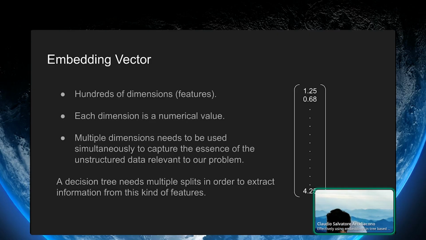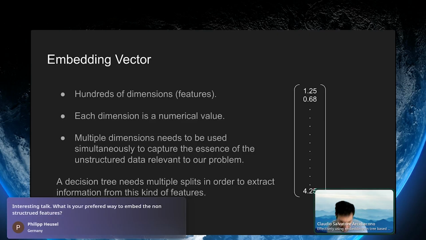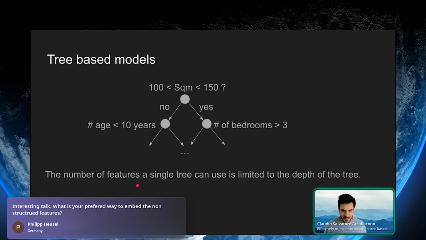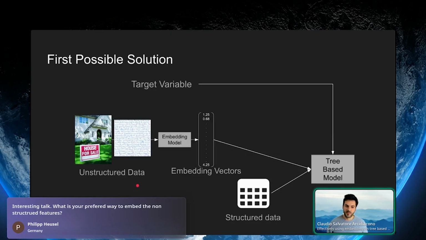What is your preferred way to embed non-structured features? Okay, let me put it on screen. I would say there is not really a preference. It really depends on the input that you get. For example, if you have a mix of input, like both images and text, you can embed images using an image embedding model.